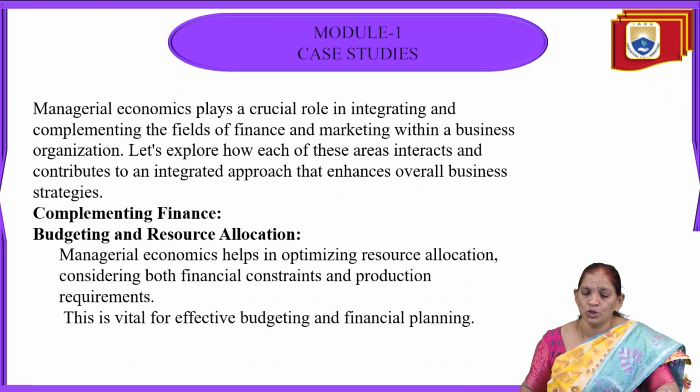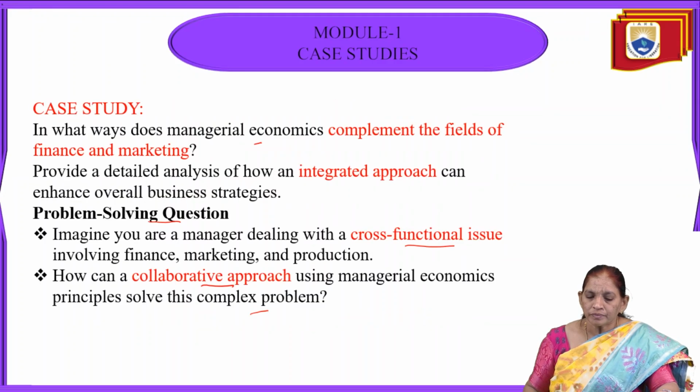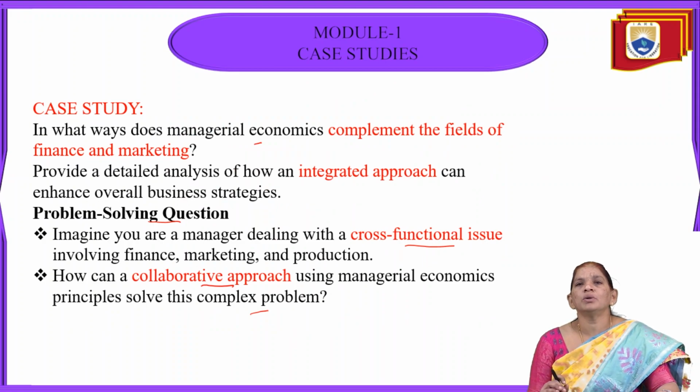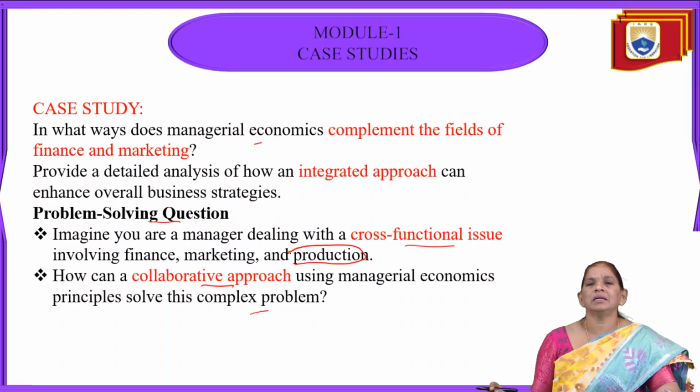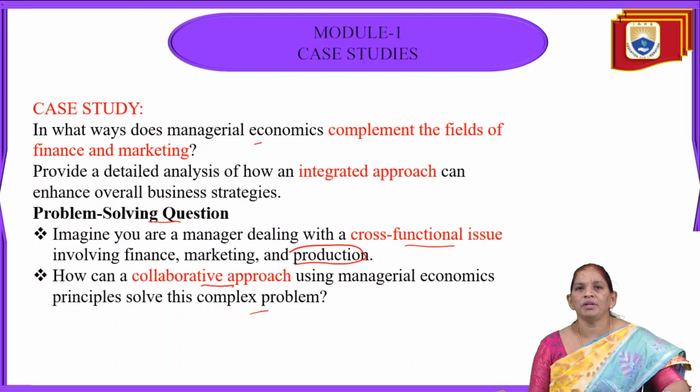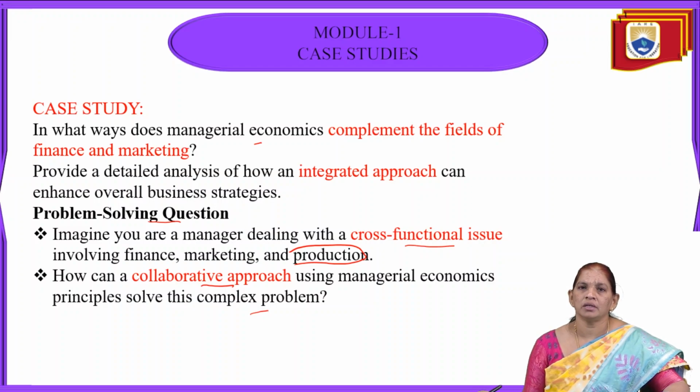Along with these, it asks what cross-cultural issues will affect finance and marketing in production, and what collaborative, meaning consolidated, approach a manager will take, as his important feature is decision making.